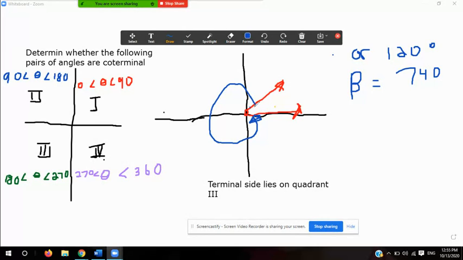Two full rotations is 360 plus 360, which is 720. And I'm still missing 20 degrees. So from the two full rotations, I go 20 degrees more, and it's actually right here.